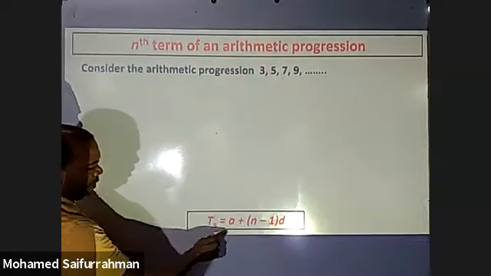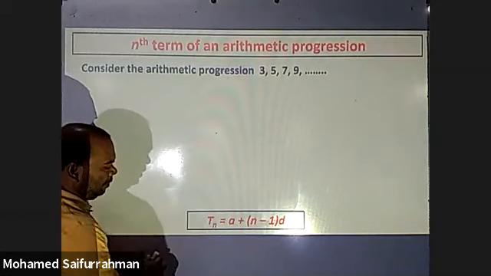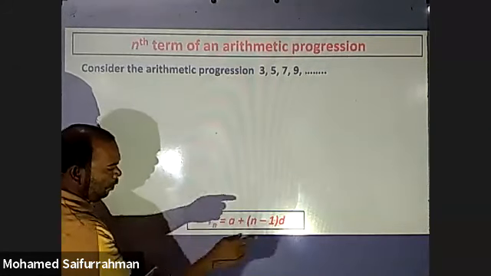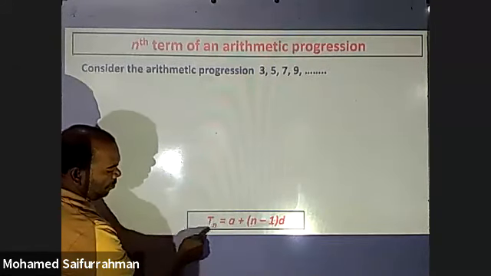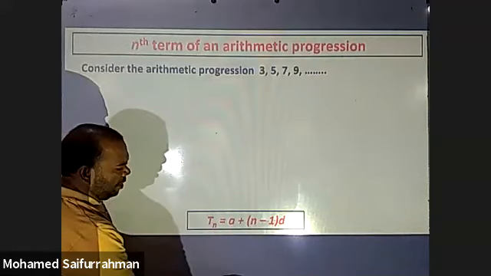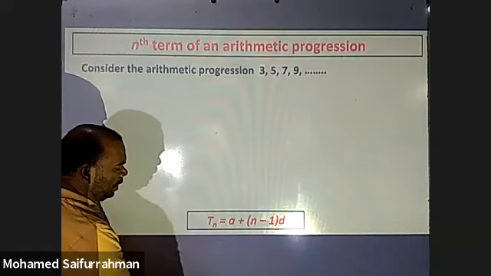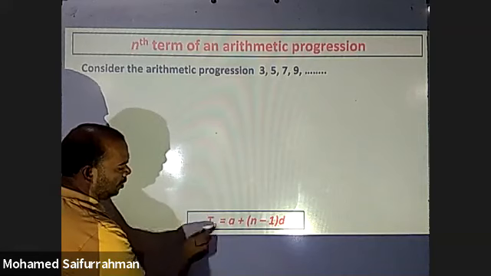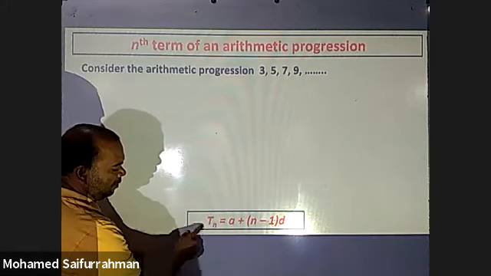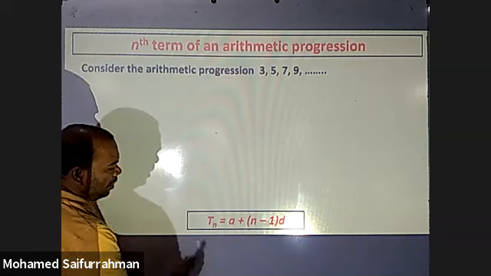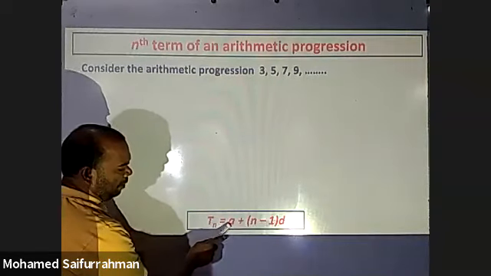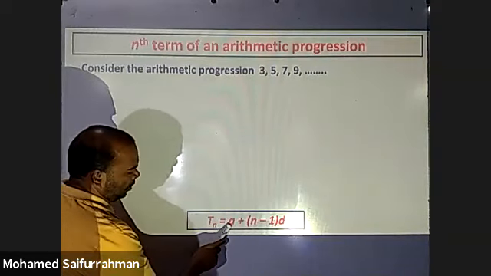Dear students, in this equation you can see here the number of terms. This is any term, this can be the 10th term, 15th term, first term, last term, any term. This is representing a term, and A is the first term.